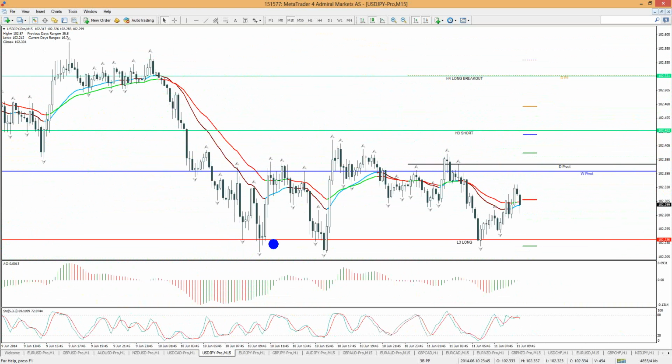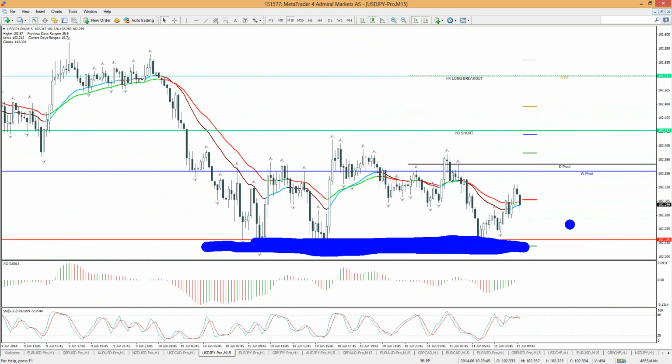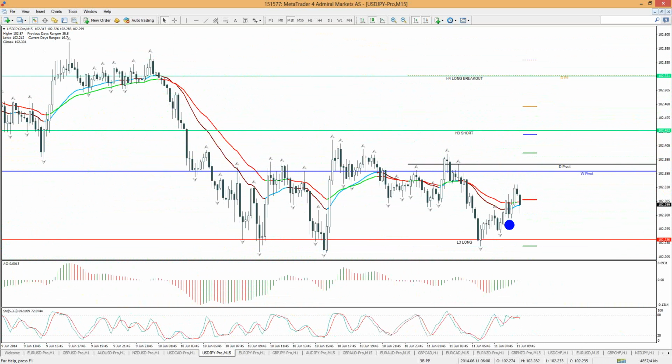So we could look for a break below the L3 here. A break, pullback and go, for instance. That would still be maybe some potential on the dollar yen.